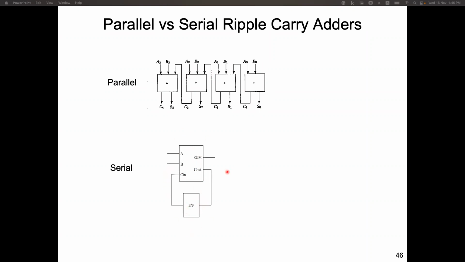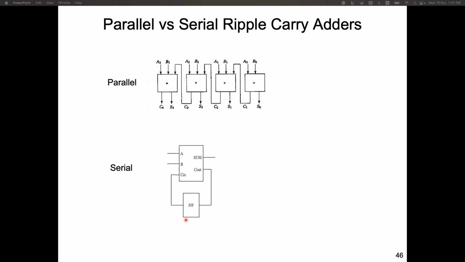This serial circuit performs the addition of 1 bit per clock cycle. So it only needs 1 full adder and a flip-flop.